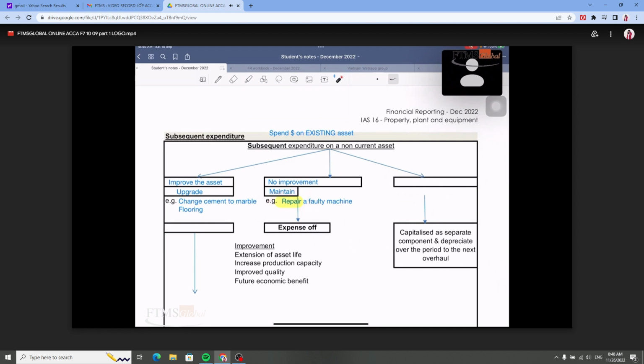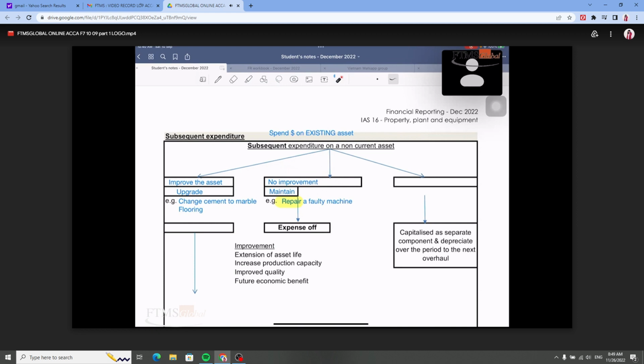If people ask you how come repair cost you should expense off, tell them because for repair there is no improvement. In line with IAS 16, you should expense off. The reason is because there's no improvement. So that is the accounting treatment for no improvement.